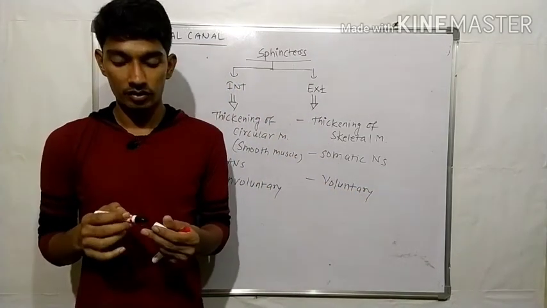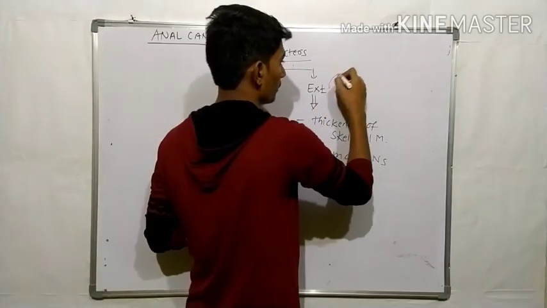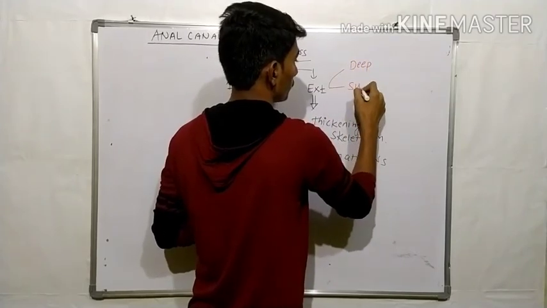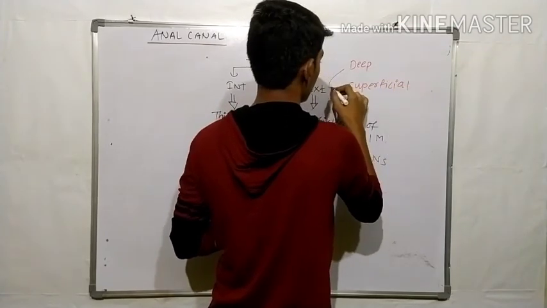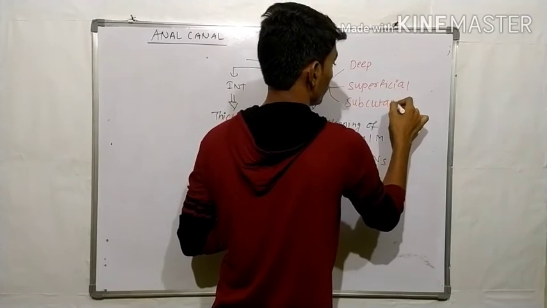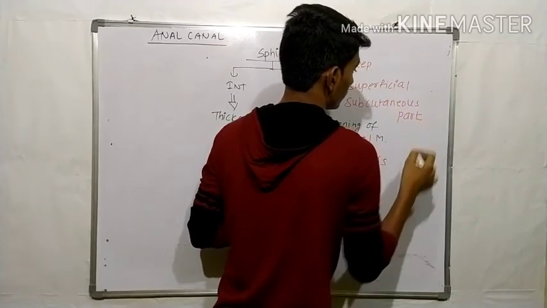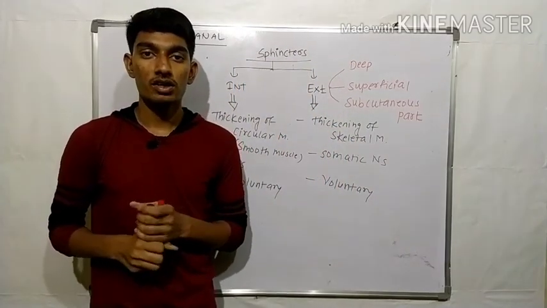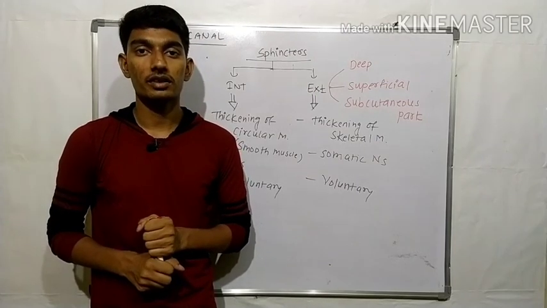This external sphincter is divided into three parts: deep, superficial, and subcutaneous part. Okay, this is all about the anal canal and sphincters in detail.